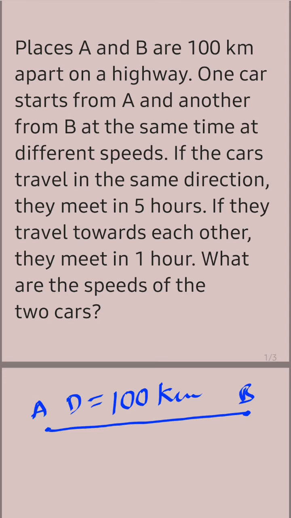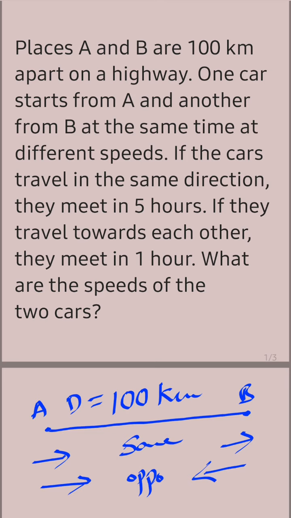For example, if car A starts traveling this side, car B also travels the same side. Another one is the opposite direction. If car A is traveling this side and car B is traveling that side, this is opposite, and this is the same side. We have to understand that clearly.